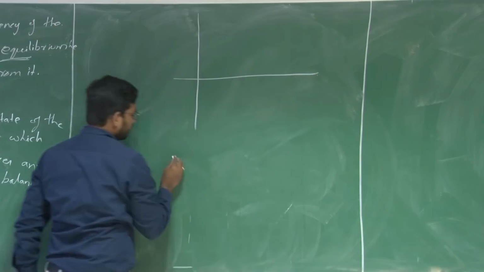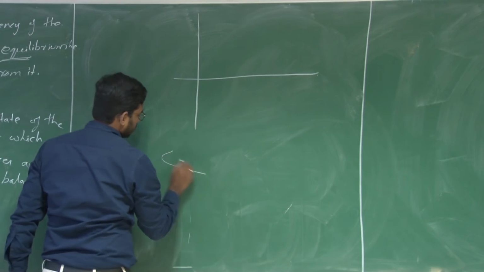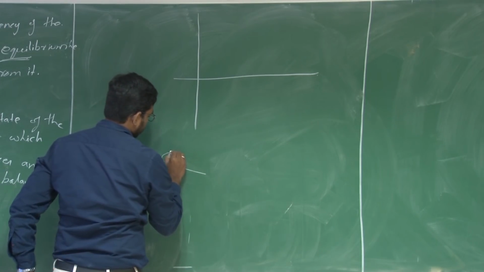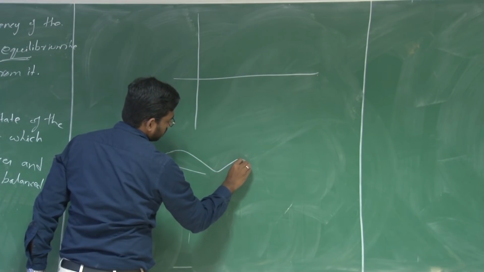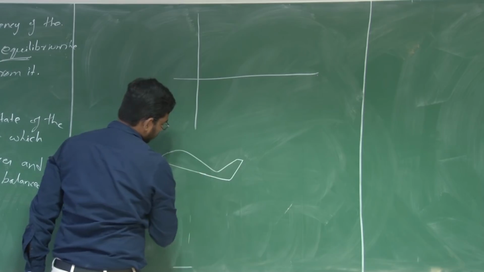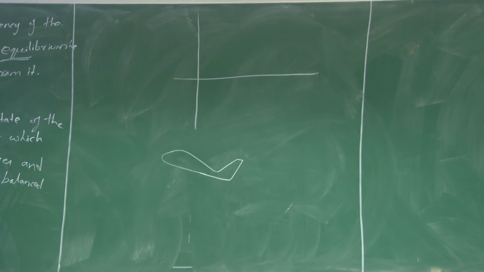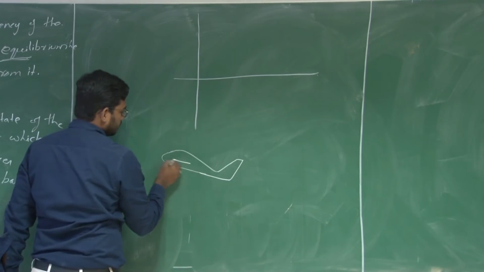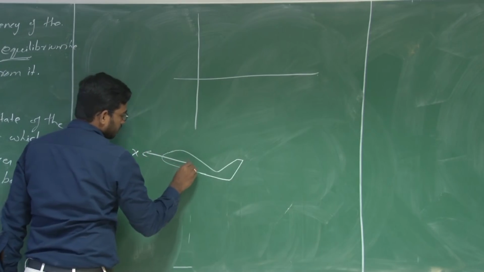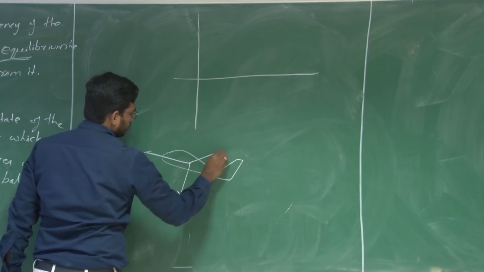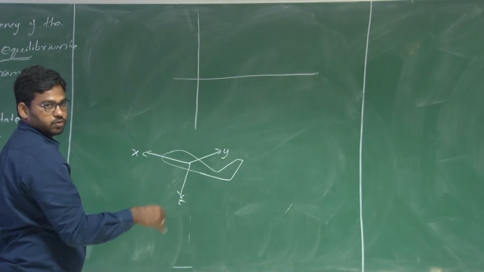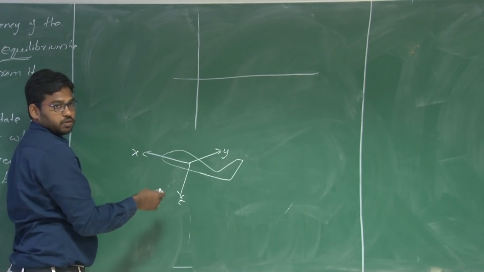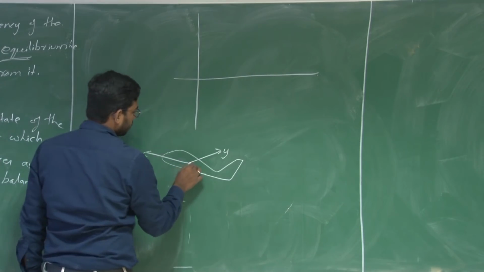So we know aircraft have 6 degrees of freedom, right. You can translate as well as rotate along the 3 axes of this body frame.